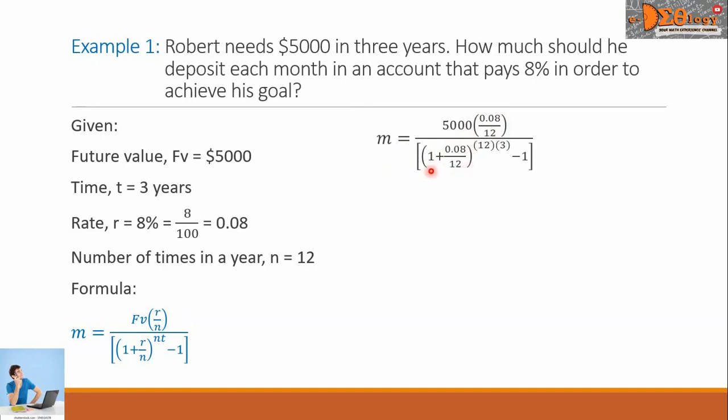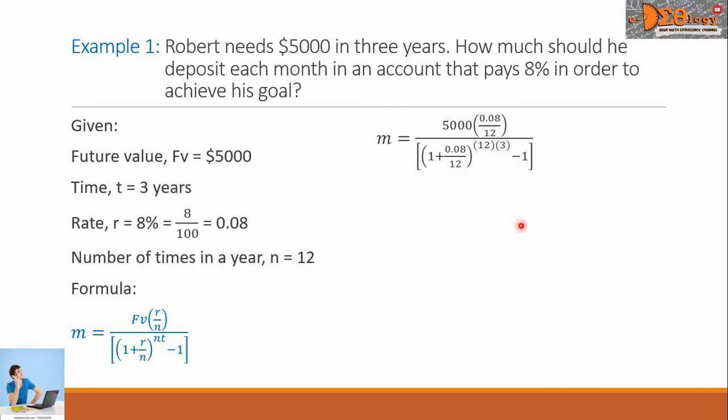So we have 1 plus that 0.08 over 12. And this binomial is raised to a power NT. N becomes 12 now, and T is 3. And then the minus 1 is a constant.